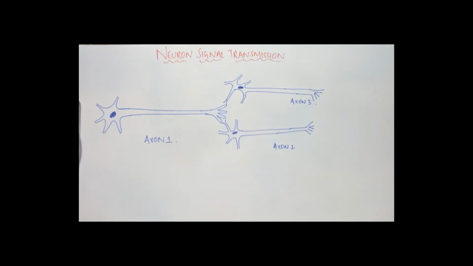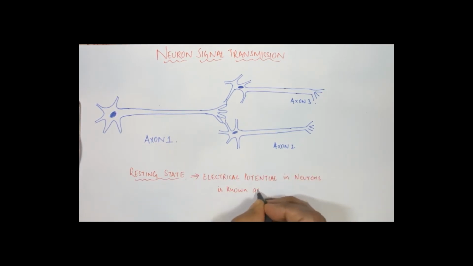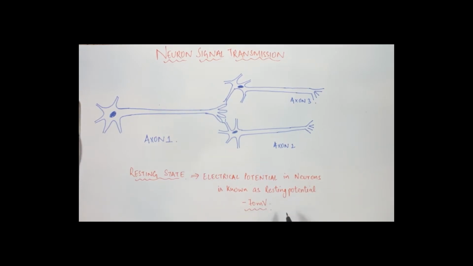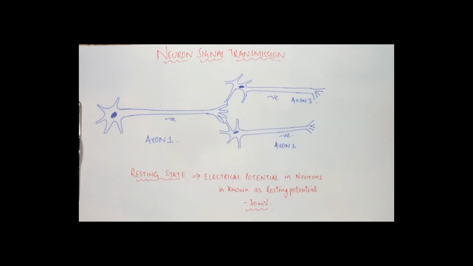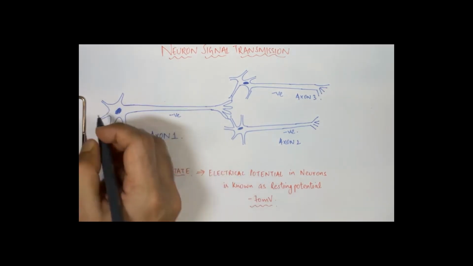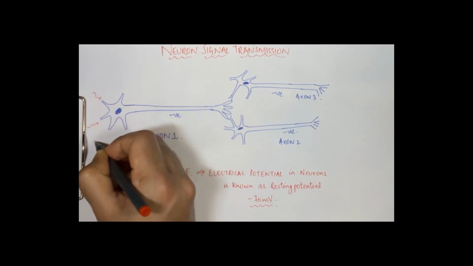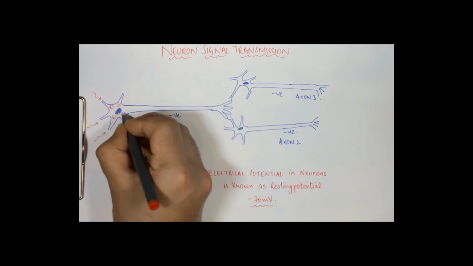To begin the neuron signal transmission, one important term I would like to mention is the resting potential, which is the electrical potential in the neurons at their resting state, and it is minus 70 millivolts. The initiating event in the neuron signal transmission is usually firing of the synaptic terminals, which are connected to the dendrites of neuron number 1.